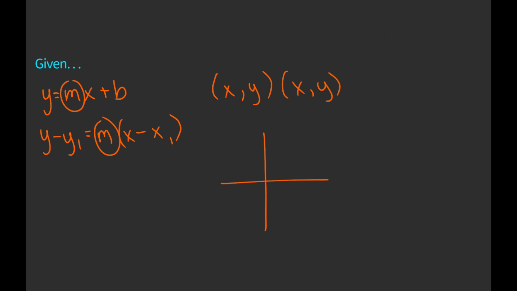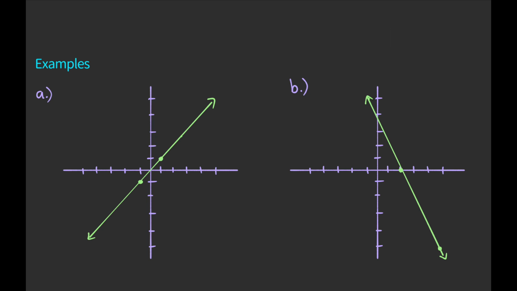You'll see a graph of a line, and you'll be asked to find 2 points on the line to find the slope. So in the case of a graph, you can do it 2 ways. You can find the slope using the graph, or you can find 2 points on the graph and use the slope formula. Alright, so enough talking, let's actually get into the examples and you'll see what I mean.